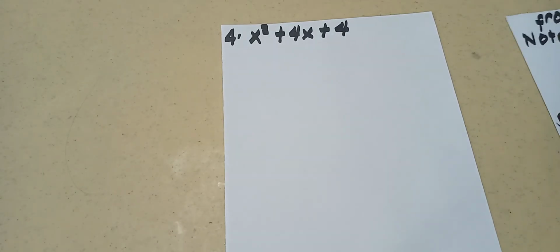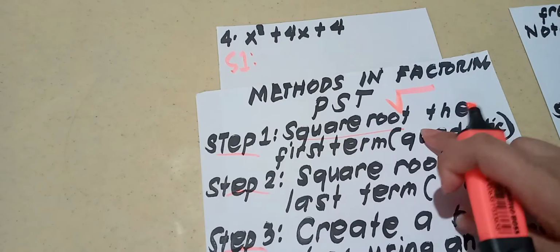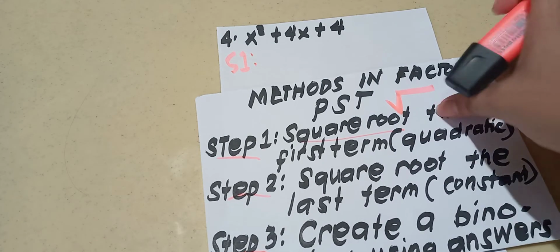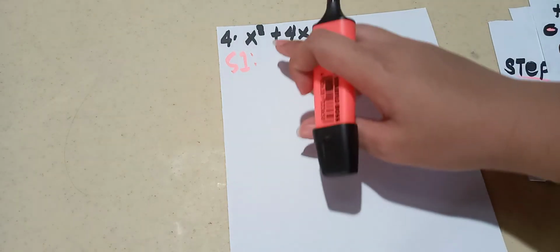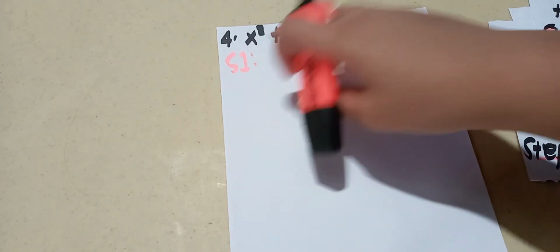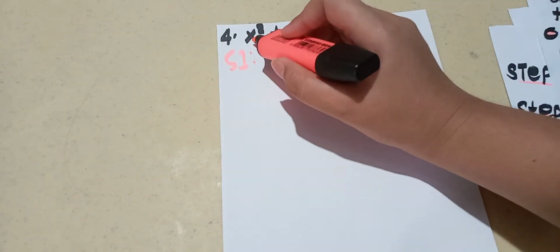Let's have step 1. Step 1 states that we square root the first term of the quadratic. But before we apply the methods, we need to check the conditions on the given expression to see if it is a perfect square trinomial. Is the first term a perfect square?